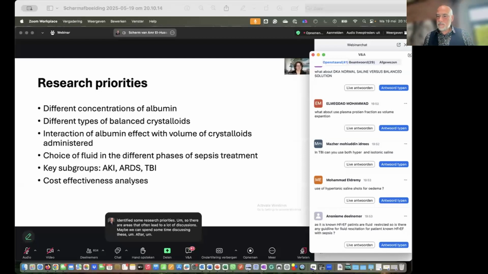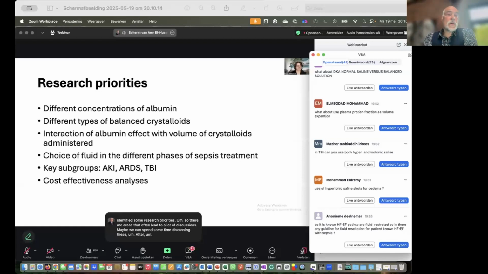Okay. Please join, everyone who is still with us. It's very important to see the evolution of your votes at the beginning and at the end. So now we just have the questions on the type of fluids that you use or will use in the future in critically ill patients in general. So take your phone, take your browser, or you can also do it on your desktop computer.